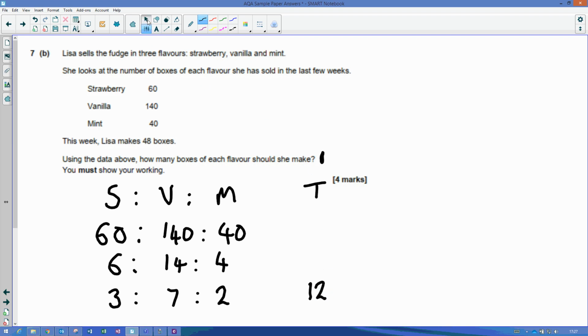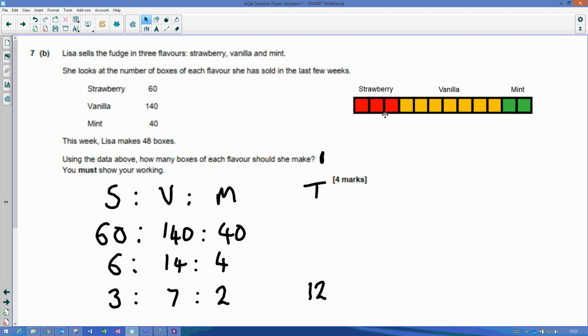Ratios are a topic that a lot of people struggle with, so it's worth having a picture to help visualize what's going on here. 3 strawberry, 7 vanilla and 2 mint. So what this is telling me is if this is all my boxes, I want to split them up in this sort of proportion. All my boxes is 48. So this distance represents 48 boxes.